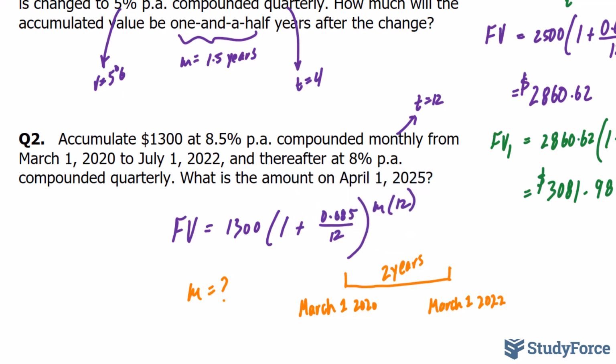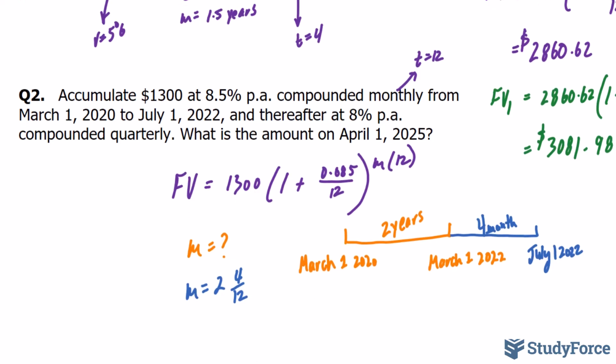Now from March, which is the third month of the year, to July, which happens to be the seventh month of the year, is 4 months. So to write our value of m, we'll say m is equal to 2 years and 4 months, but m needs to be in years. So writing 4 months in years is as simple as taking 4 divided by 12. There are 12 months in a year, and 4 of them have passed. So that's our value of m.